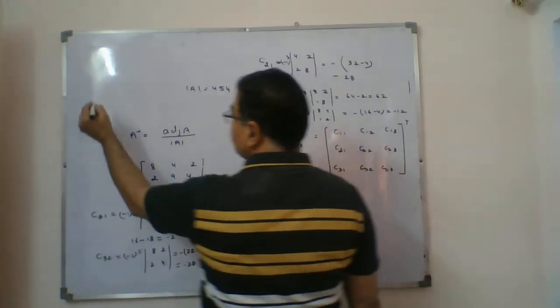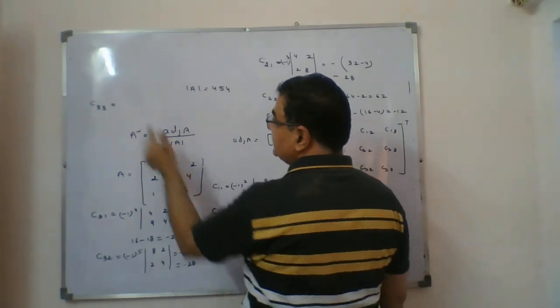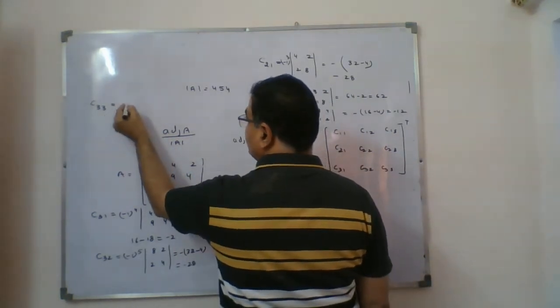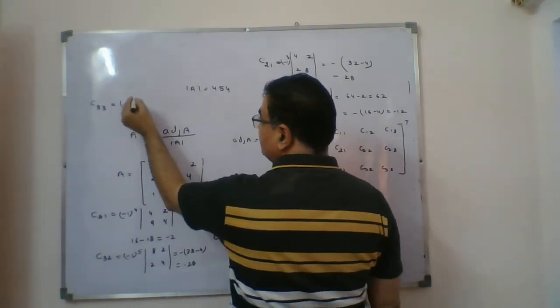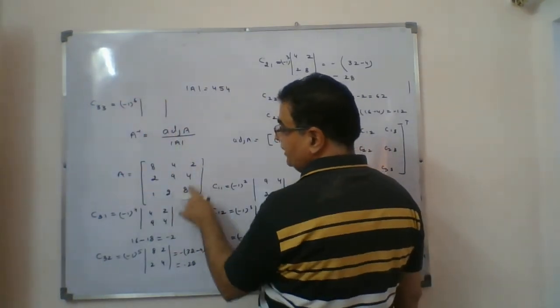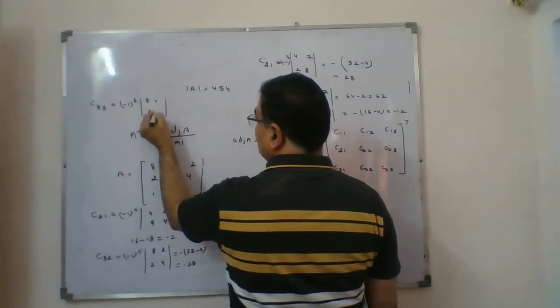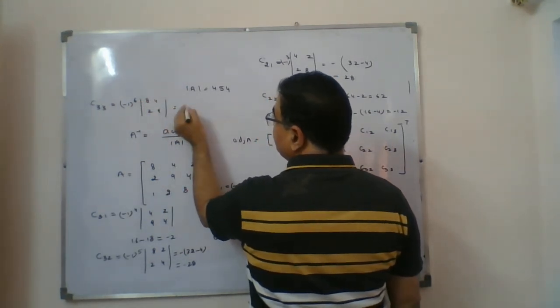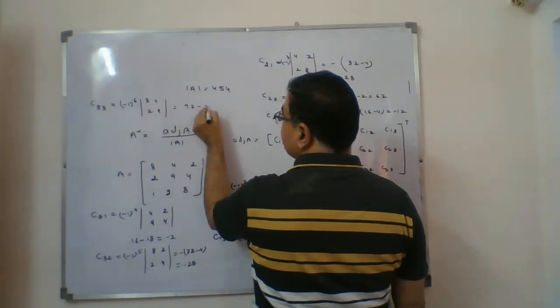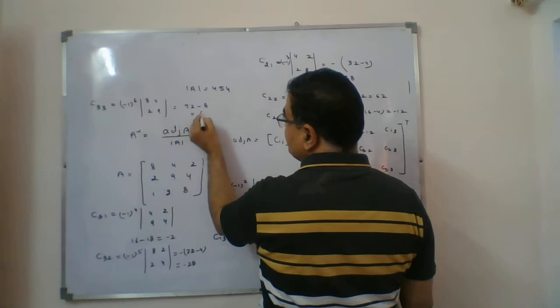And last will be C33. 33 means this element, so here it will be minus 1 power 6. Leave this, 8, 4, 2, 9. 72 minus 8, it will be left 64.